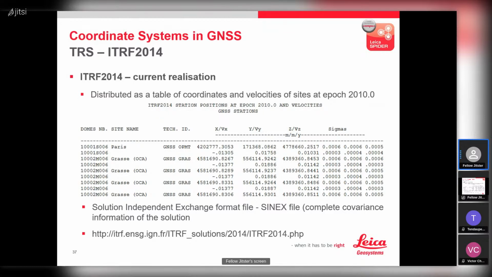Now, if you want to compute the position of this point at the current date, today, then you need to take these velocities into consideration. Obviously, if the position of this station in Paris changes roughly 2.5 centimeters per year, then from 2010 the station has moved roughly 25 centimeters. So the positions for today are completely somewhere else.